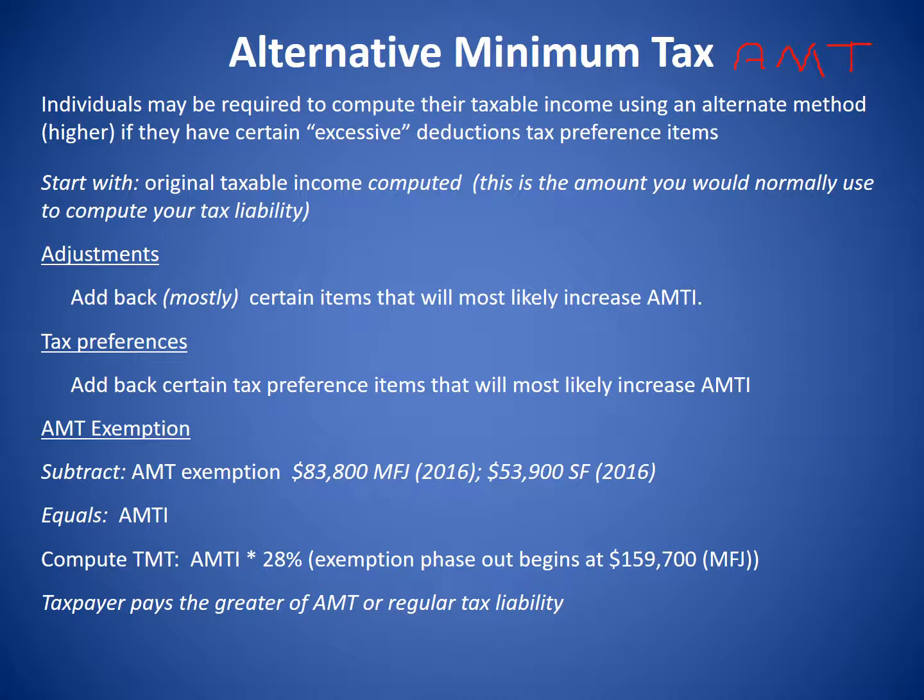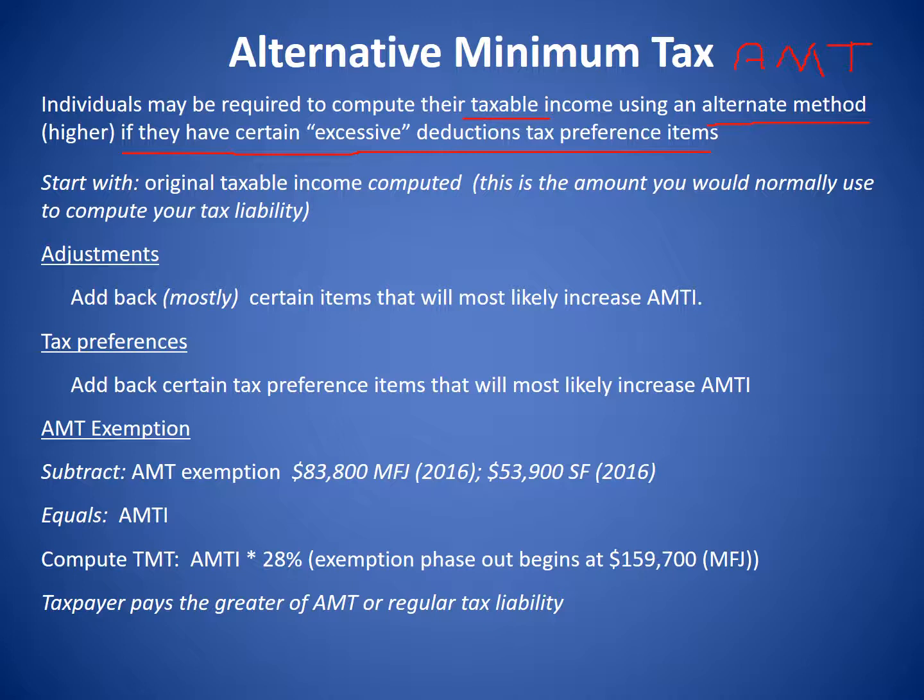So individuals here may be required to compute their taxable income using an alternate method. And that alternate method typically results in a higher amount, if they have what the government calls excessive deductions or tax preference items.